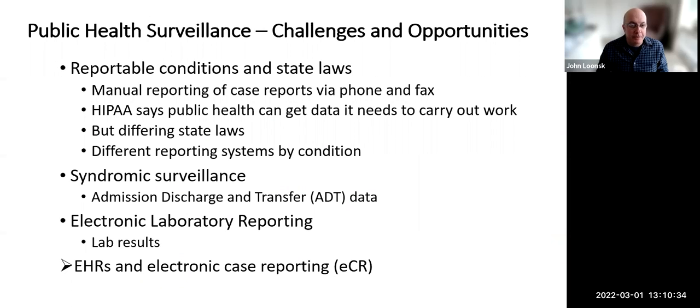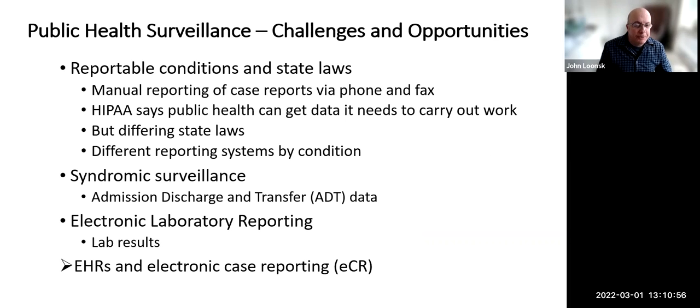But what happens typically, or what happened in the past typically, is that these reportable conditions were sent to the public health agencies via phone and fax. And there were some other electronic systems like entry into a web page, but that was about it.